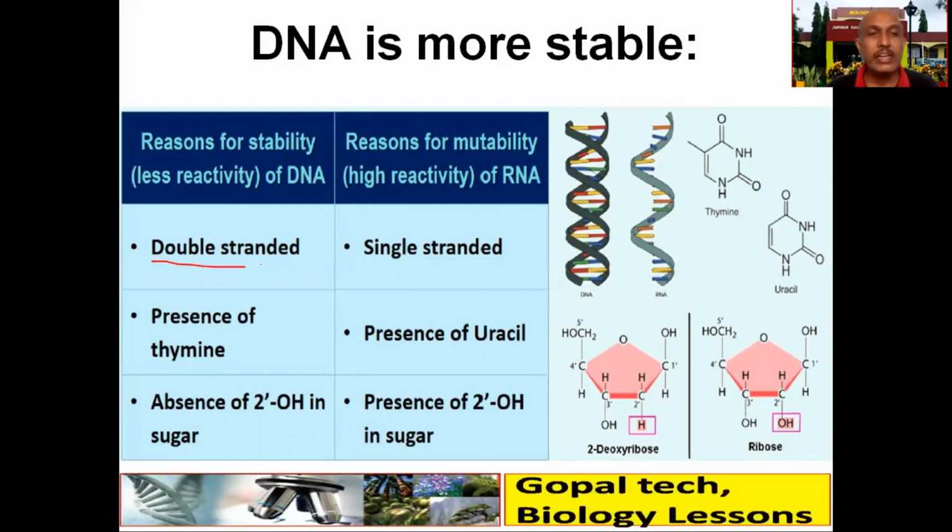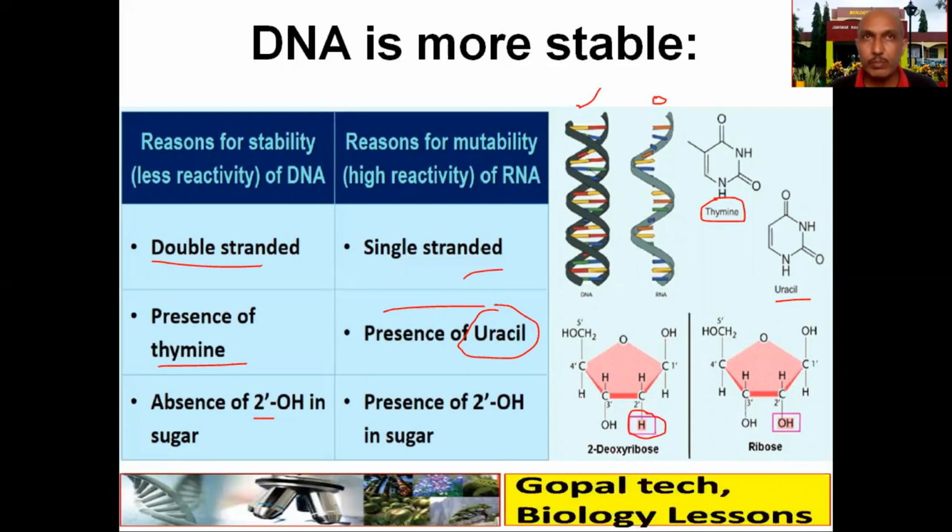First reason: DNA is double stranded. You can see here, DNA is double stranded, but RNA is single stranded. In DNA there is the presence of thymine, the nitrogen base. But in RNA there is the presence of uracil, that is U. The third reason is the absence of 2' OH in the sugar. You can see here, this is 2-deoxyribose, so only H is present at the second carbon, while the remaining OH is there.